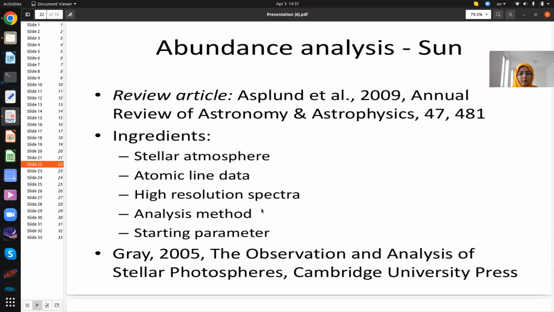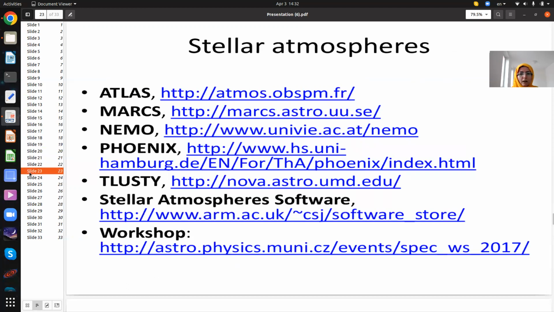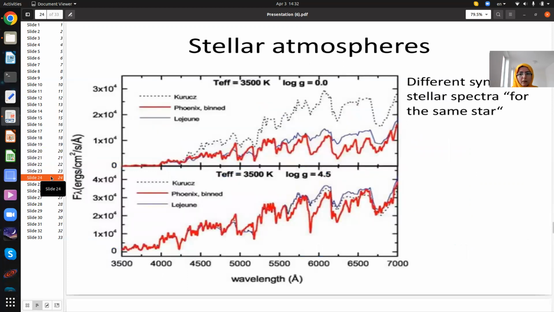And we can say in abundance analysis, you see we have ingredients: stellar atmosphere, atomic line data, high resolution spectral analysis method, starting parameters. And the starting parameters for the sun are T effective and luminosity. And you see the other stellar atmospheres here.